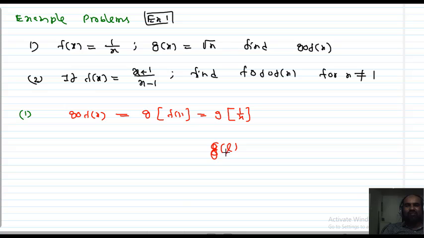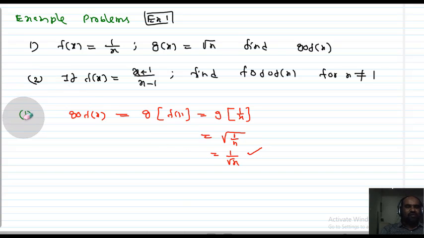Like that, G of L means root over L. So now I can write directly, this is equal to root over 1 by x, that is 1 by root x. This is provided f of x is defined, meaning x is not equal to 0, and G of x is defined, meaning x should be greater than 0. Here also x is not equal to 0, no problem. This is the G circle f of x I got.